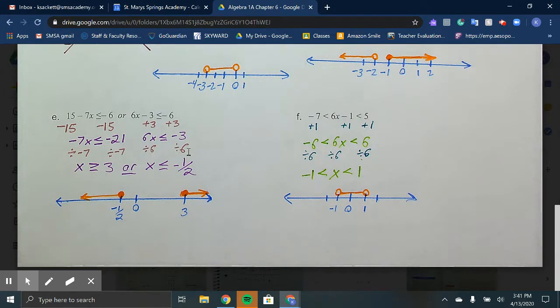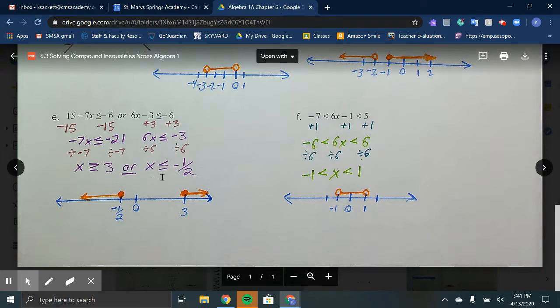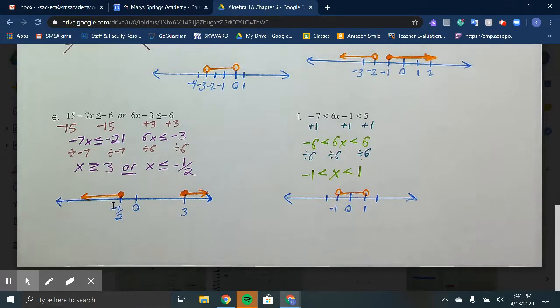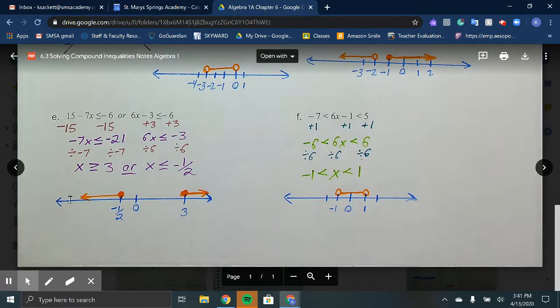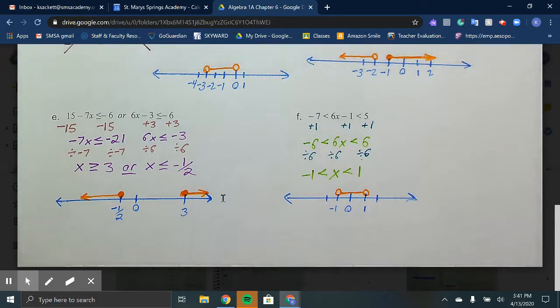Divide both sides by 6, and negative 3 divided by 6 is negative 1/2. So x is less than or equal to negative 1/2. Both can equal to, so both are filled in circles. Left for the negative 1/2, right from the positive 3.